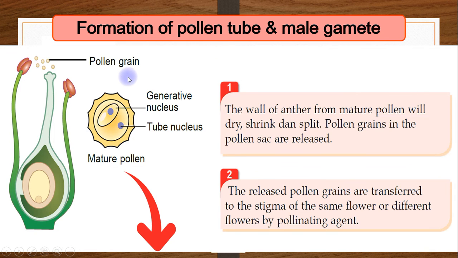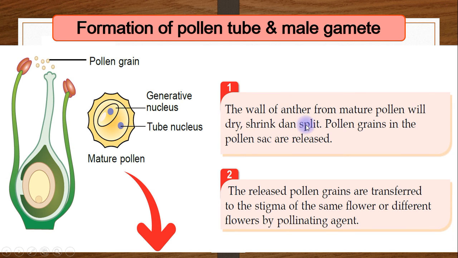Next, we have to discuss what happens when the pollen grain sticks on the stigma. After pollination occurs, what happens? Number 1, the wall of the anther with mature pollen grains will dry, shrink, and split.